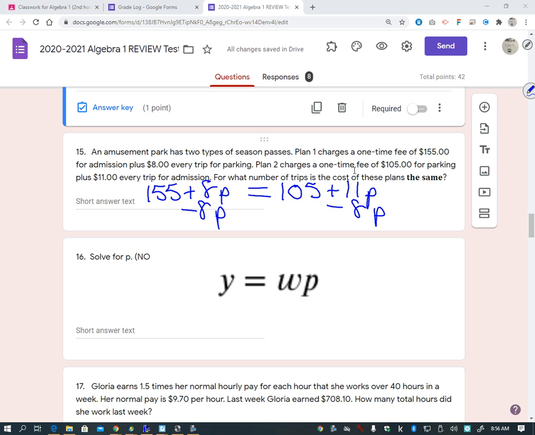So we get 155 equals 105 plus 11 minus 8, 3P. Okay. Sanchez, what do you do from here?